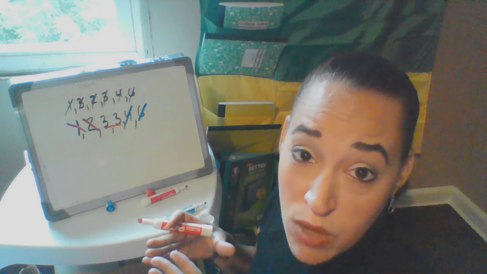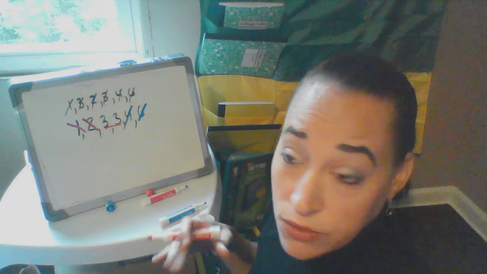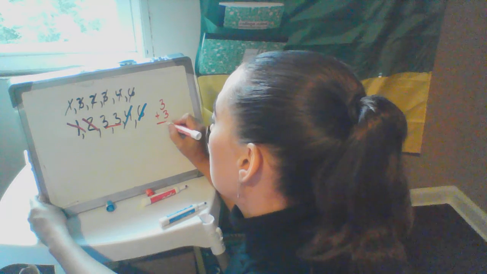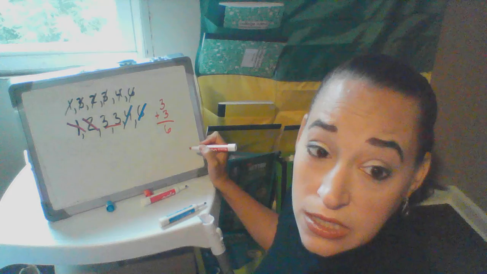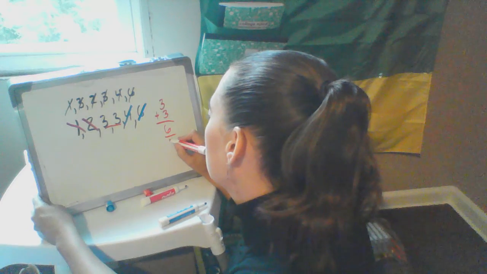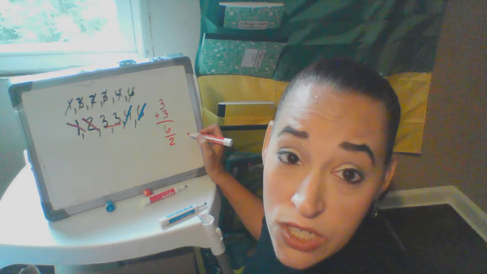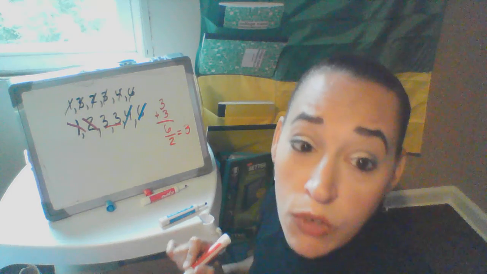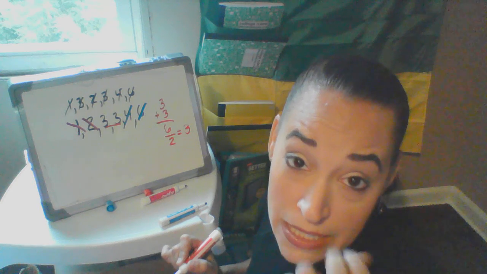I'm going to have to add them up and then divide by 2. So I'm going to take 3 plus 3 equals 6. Divided by 2 equals 3. So my median is 3.